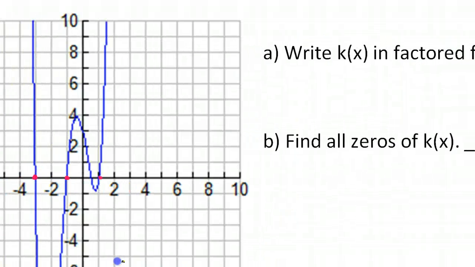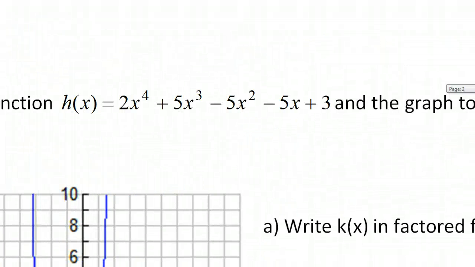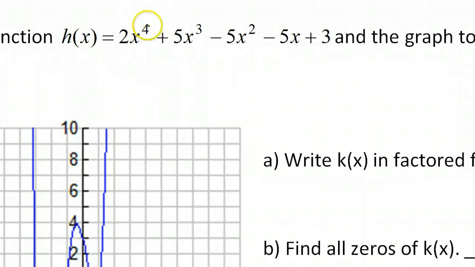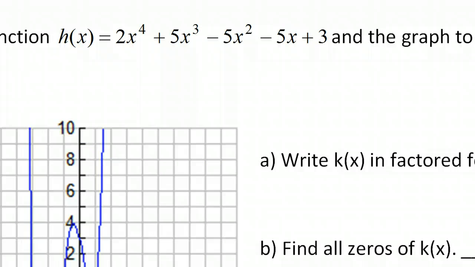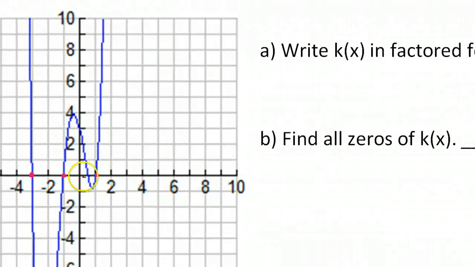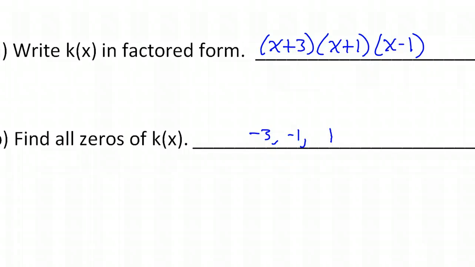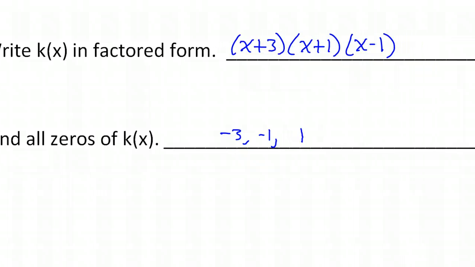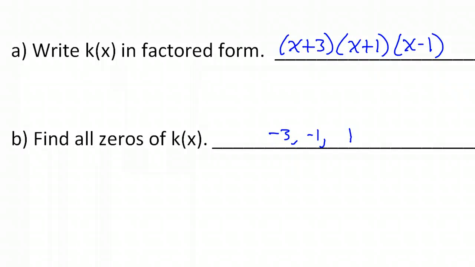Okay, so looking at the polynomial again, the degree is 4. So we know there are 4 zeros, and you can see them all right there on the graph, but we just need to be sure what that last one is. So let's go ahead and use our synthetic division and find it.